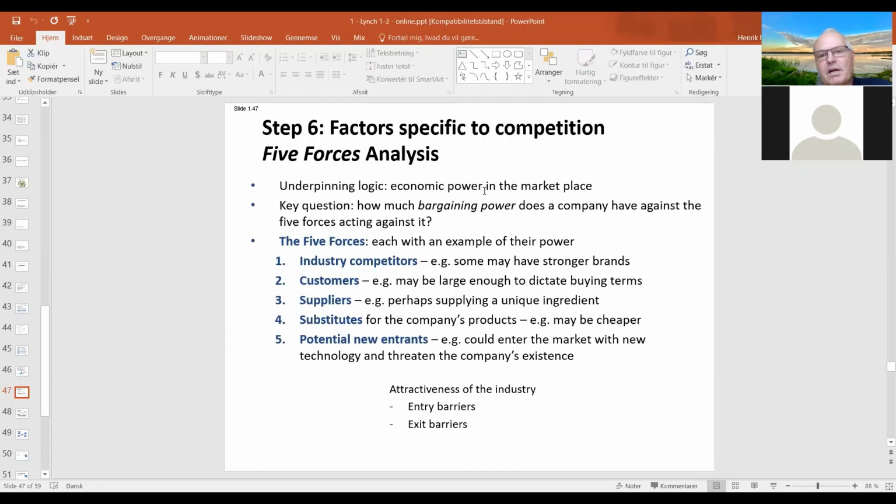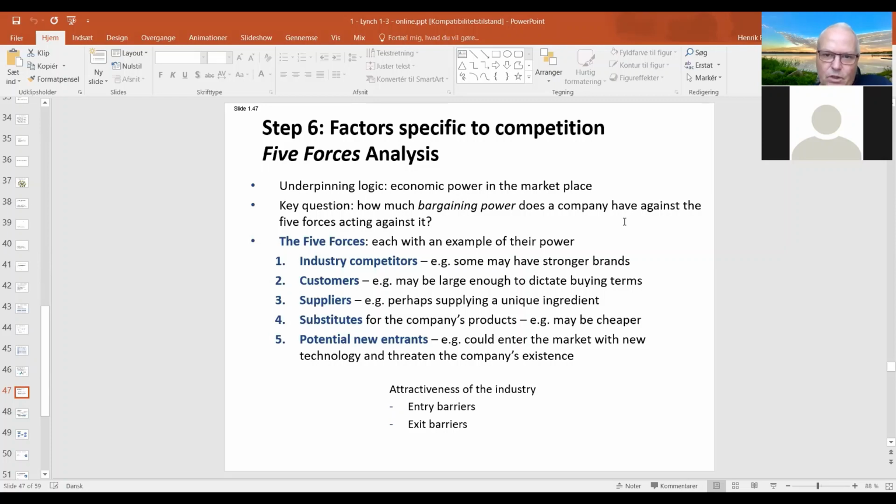And this economic power is also connected to the bargaining power that we see down here. So Michael Porter's basic idea was that when he investigated the American industry, he figured out that there are certain powers in place and in play in any industry.